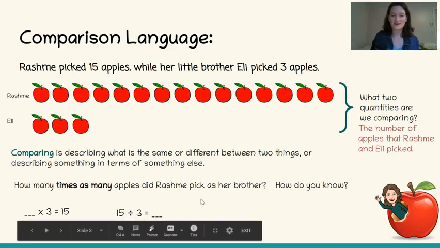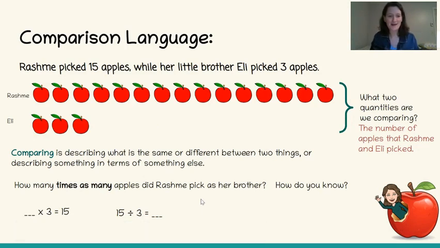And you're looking at this already and thinking, I know my 3 times table facts. And of course, 5 times 3 is 15, and 15 divided by 3 is 5. So how many times as many apples did Rashmi pick as her brother? 5 times as many.